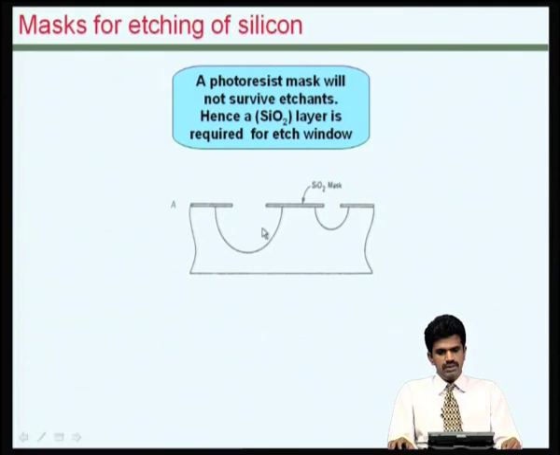So, in choosing the reagents for etching, we need to keep this aspect in mind. It should not, for example, etch the mask layer, or rather it should etch the mask layer far less than the volume, the bulk of the wafer silicon.